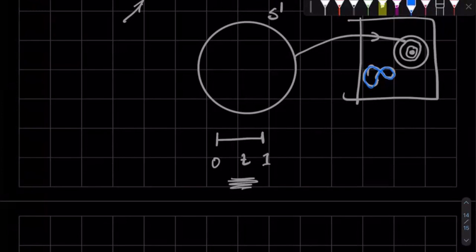The t is telling you what the shape of the loop is. As theta goes from 0 to 2 pi, you are moving on this loop.